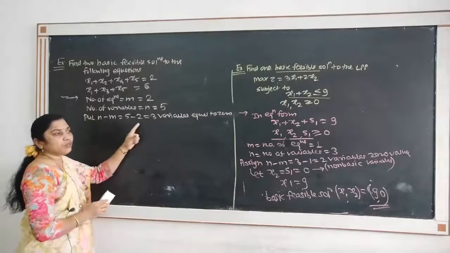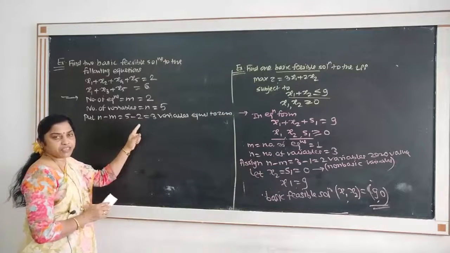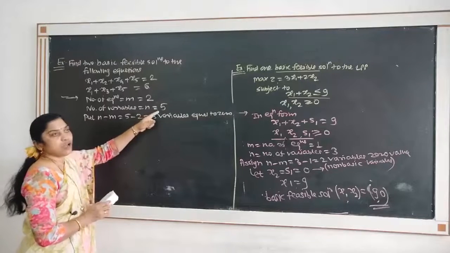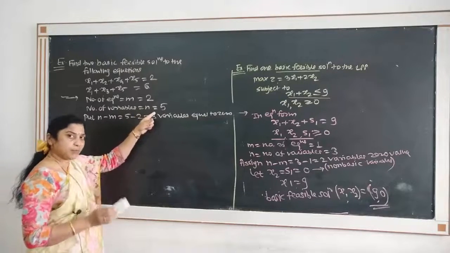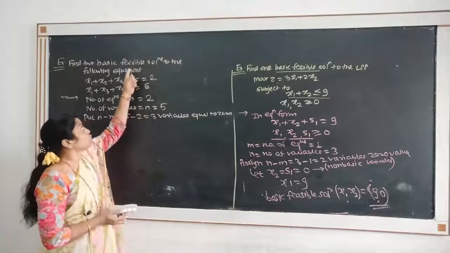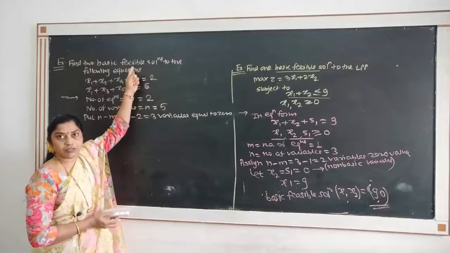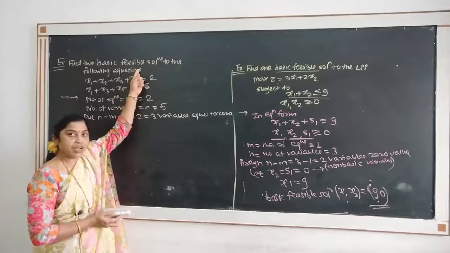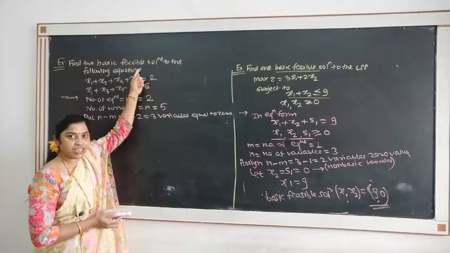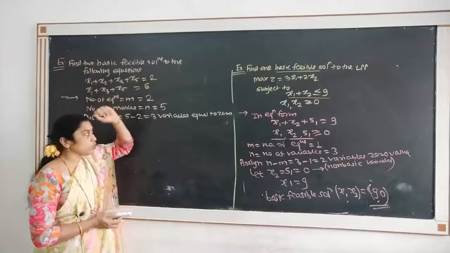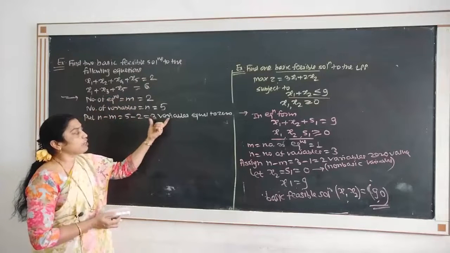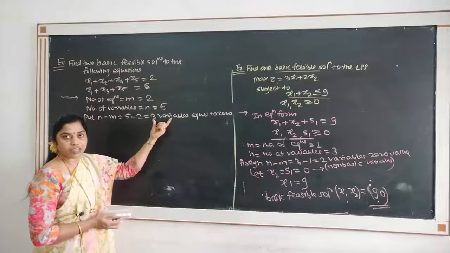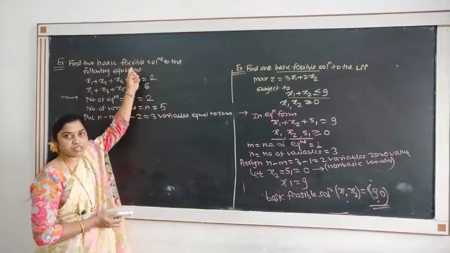Now we get the total number of basic solutions to be nCm, that is 5C2. Among these basic solutions, not all solutions are feasible, because a feasible solution should satisfy the non-negativity condition, that is all the variables should be greater than or equal to 0. So if you take any 3 variables equal to 0, it is not always possible to get a basic feasible solution.